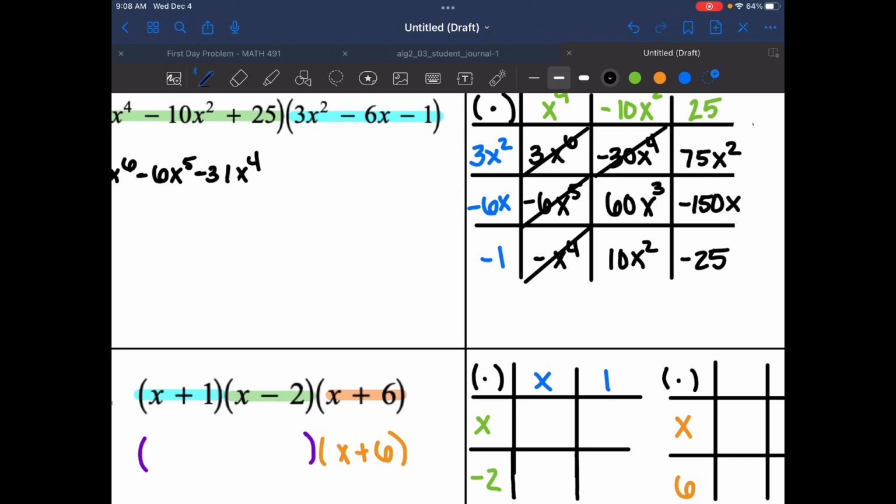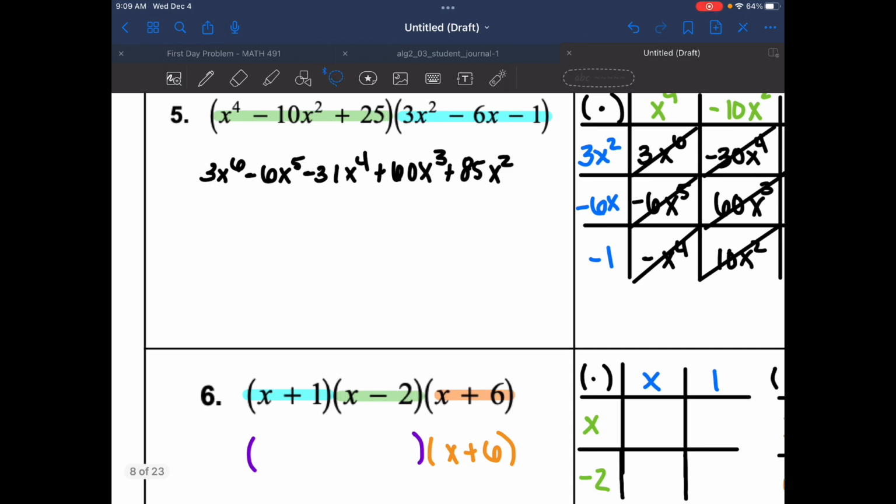I see an x to the 3rd. So this would be 60x to the 3rd. I don't see another x to the 3rd. I see 2 x to the 2nd power, so that's 75 and 10, which is going to give me 85, so 85x squared. Okay.